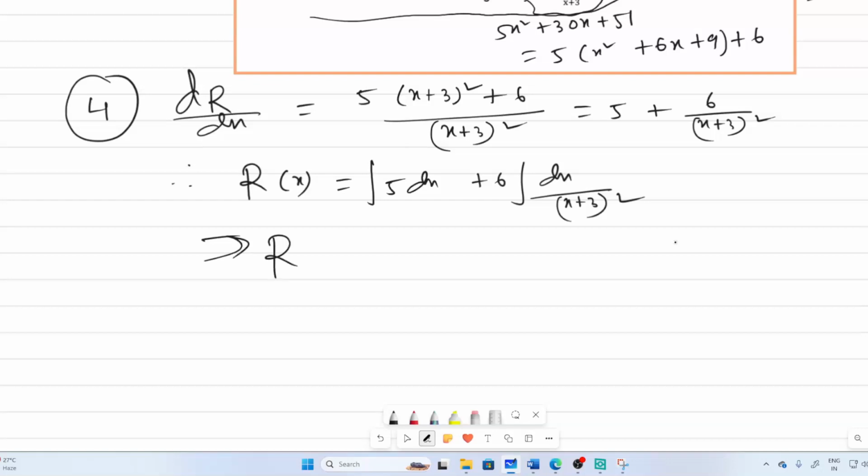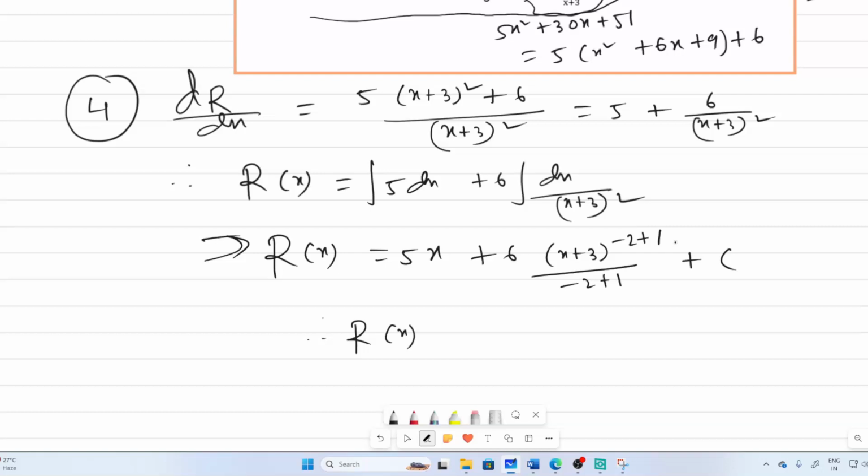So you write R(x) equal to 5x, and this one's integration will be x plus 3 to the power minus 2 plus 1, plus c. So R(x) equal to 5x minus 6 by x plus 3 plus c.